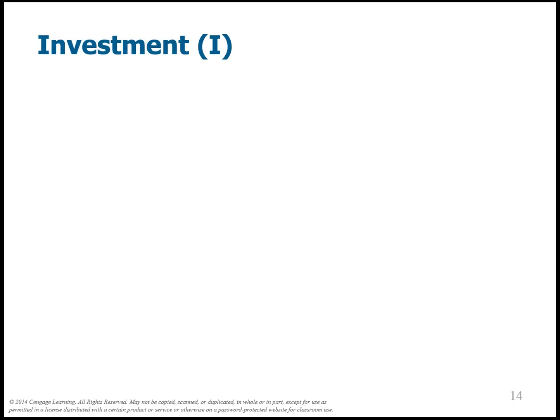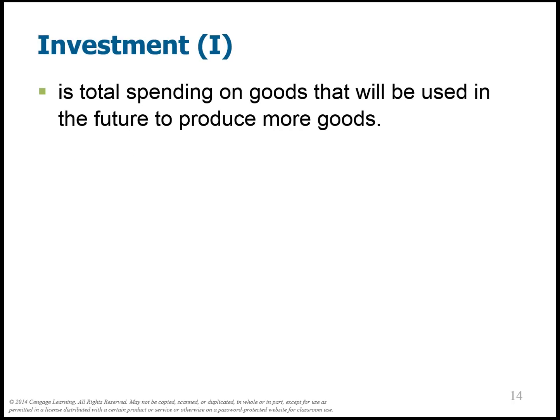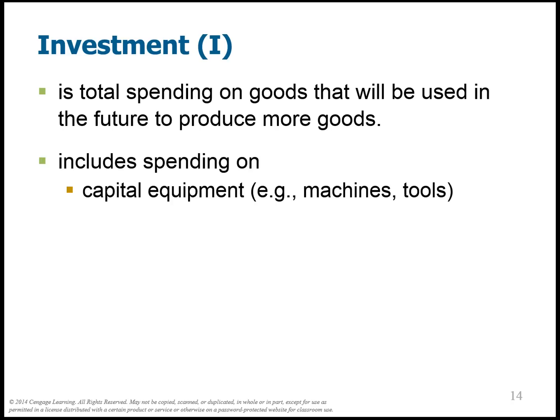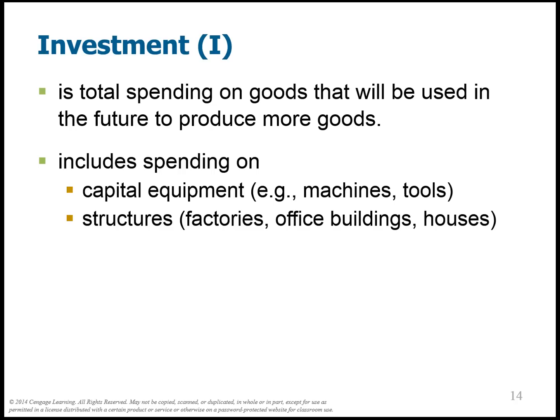All right, the next piece is investment. So this is total spending on goods that will be used in the production of more goods. If you build a factory, the money you spend to build the factory goes into investment for that current year, okay? And so it includes spending on capital equipment. Let's say I buy a tractor for my farm. That goes into investment. If I build a factory, build an office building, or build a house, that goes into investment.